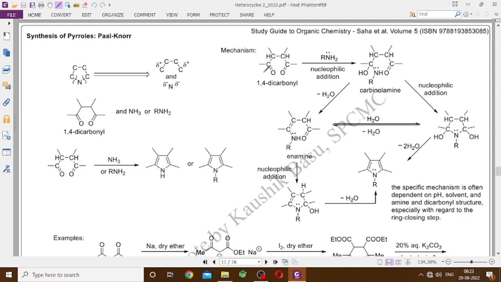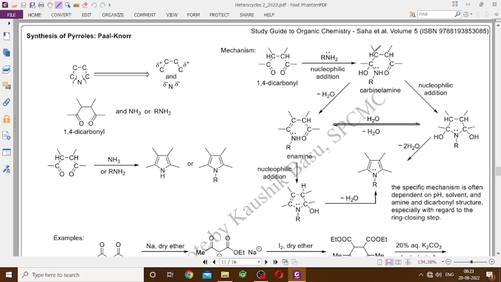Or if one carbonyl is slightly more electrophilic than the other, then RNH2 will preferentially attack here. Regardless of the choice of the position of attack, it will attack one of these carbonyls, and I will get a carbinolamine derivative, which is also a hemiaminal.